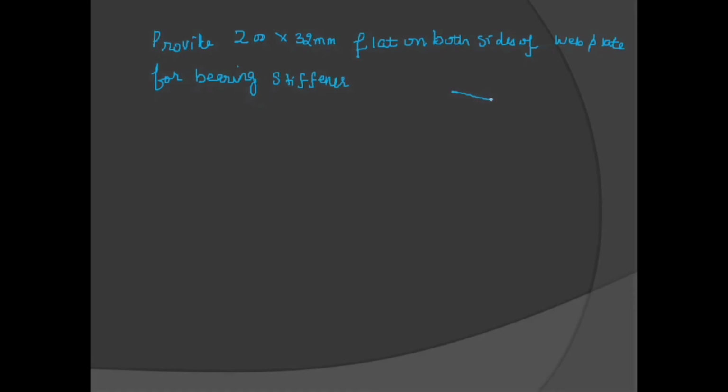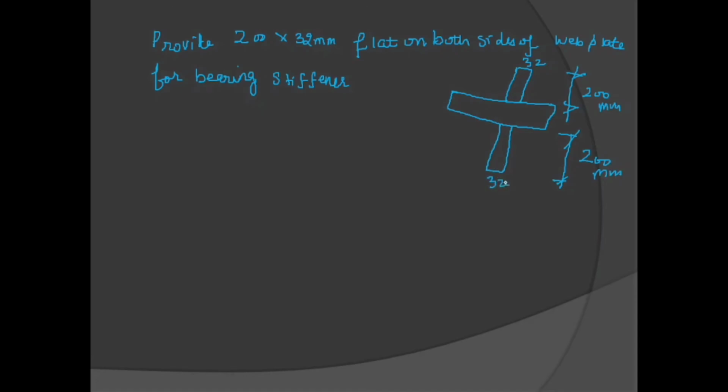Likewise, one stiffener is there, so here we have to provide a flat on both sides of this stiffener. This value is 200, this value is 200, and thickness is 32.